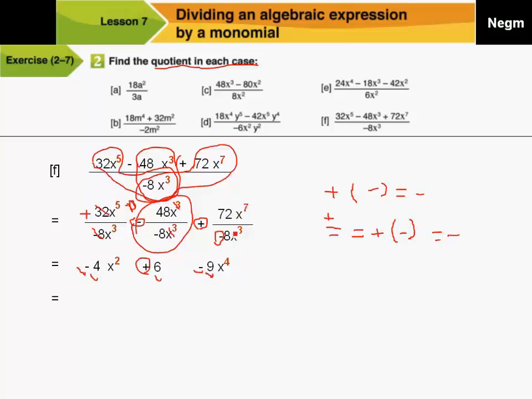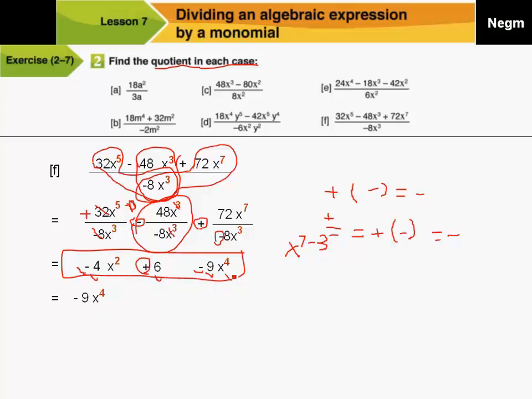X to power 7 divided by x to power 3 is x to power 7 minus 3, which is x to power 4. Okay, this is the solution, but it is better to arrange it according to the power of x in descending order, from large to small.